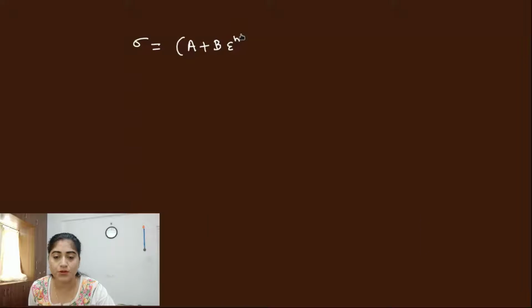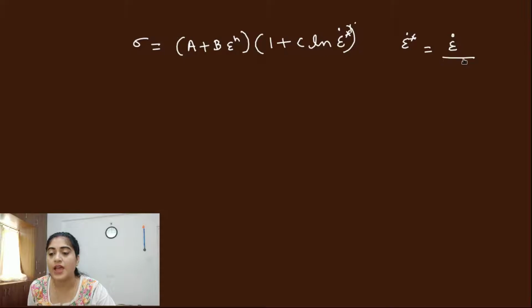A plus b epsilon to the power of n, this is the first bracket, and 1 plus c times ln of strain rate star. This is actually the ratio of the strain rate at which you are finding, the high strain rate, to the reference strain rate. The reference strain rate is the quasi-static one, for which you found this bracket.